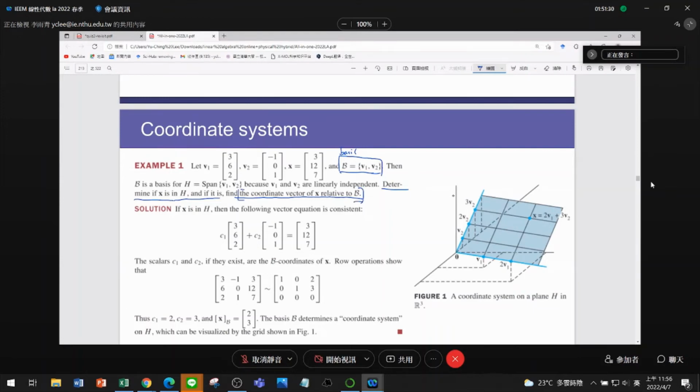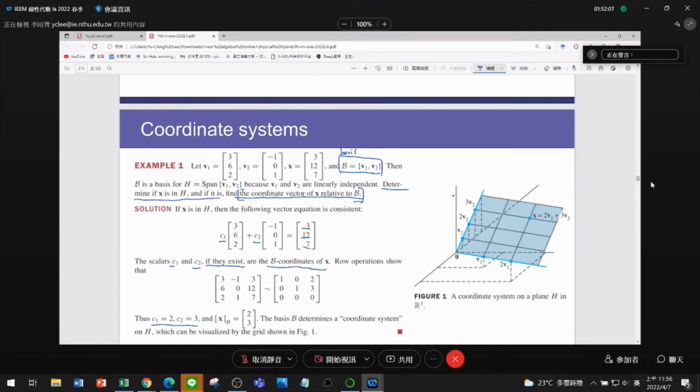So we can try to use the linear combination, using C1 and C2 as the parameters to combine V1 and V2, and see if it equals x, 3, 12, and 7. The scalars C1 and C2, if they exist, are the B-coordinates of x automatically. So the next step is to solve the linear combination system and find that C1 equals 2 and C2 equals 3.